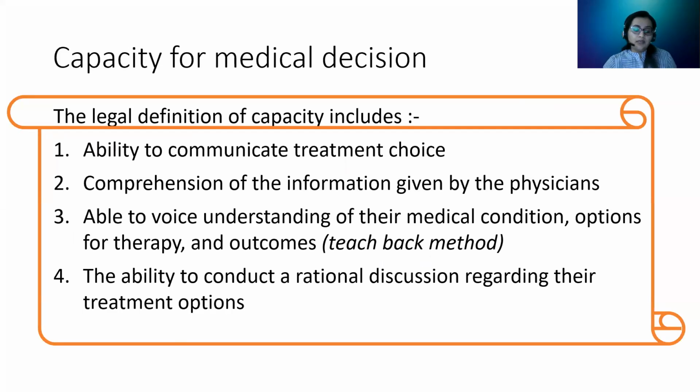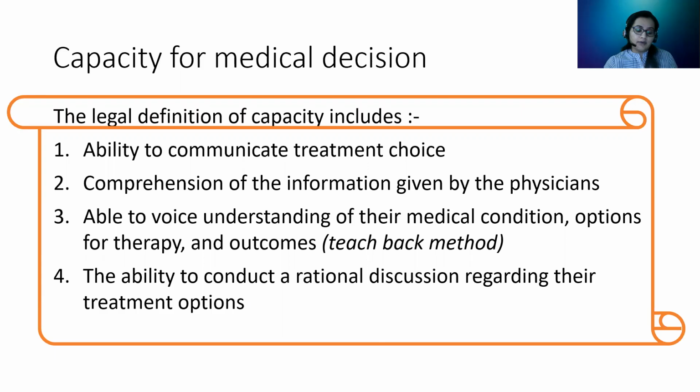Next is how to obtain consent from these patients. The critical step in obtaining consent is an assessment of the patient's decision-making capacity, because patients with cognitive impairment, even those with mild cognitive impairment, may lack capacity for medical decisions.